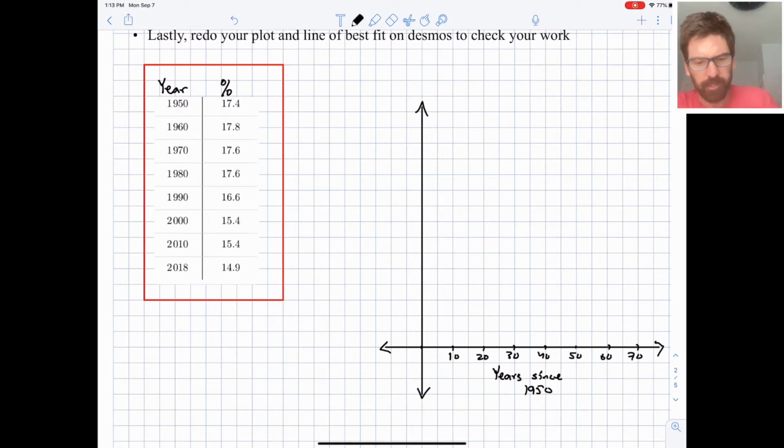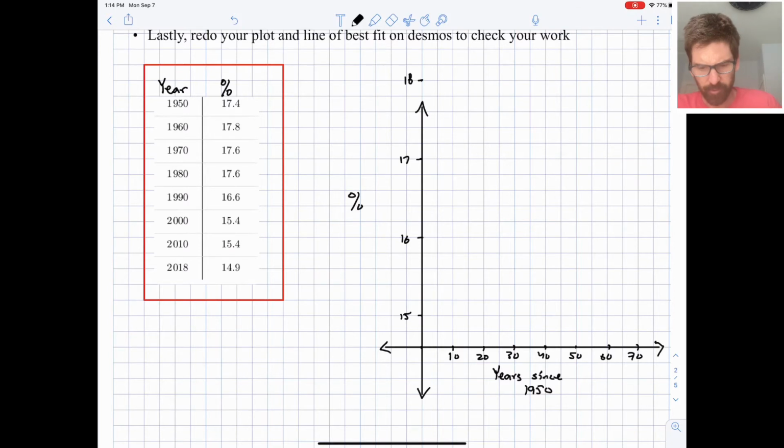And then let's plot percent over on the y-axis, and I need to think carefully about my scale. Let's have this be 15, going up by 0.2, then 16, 17, and 18 up here. Hopefully that captures it pretty well.